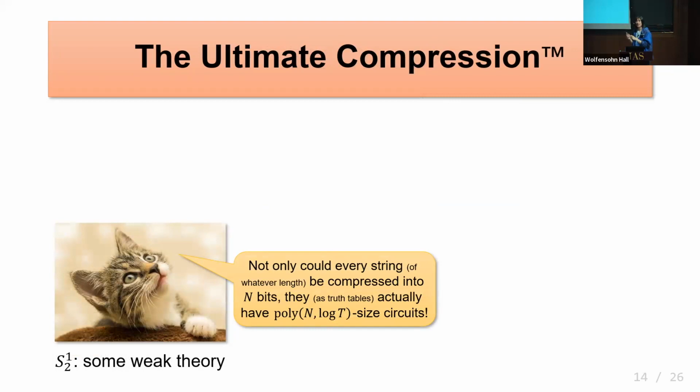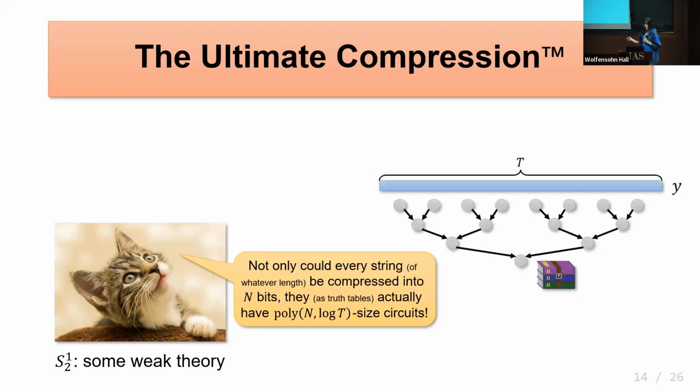Now you see, if the dual weak pigeonhole principle is false, this will give us a fancy kind of compression. Not only can you compress any string into length capital N, you can actually do the decompression locally, and these strings, if you view them as truth tables, will have small circuits.